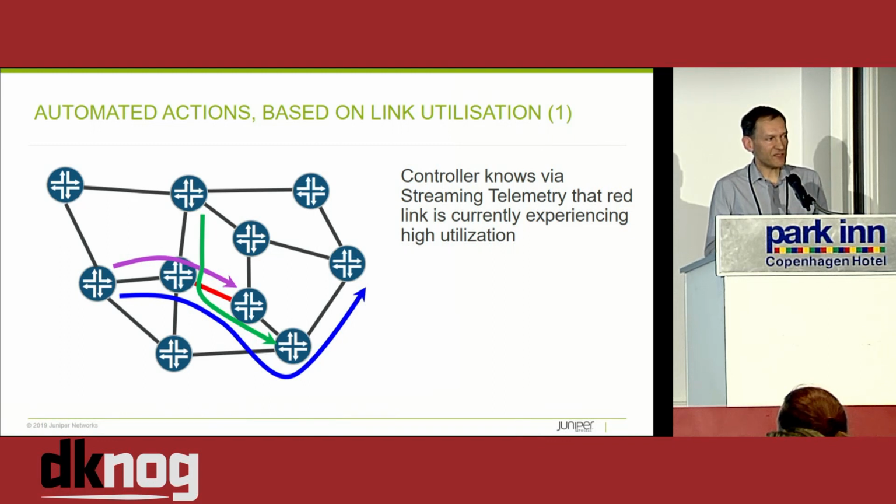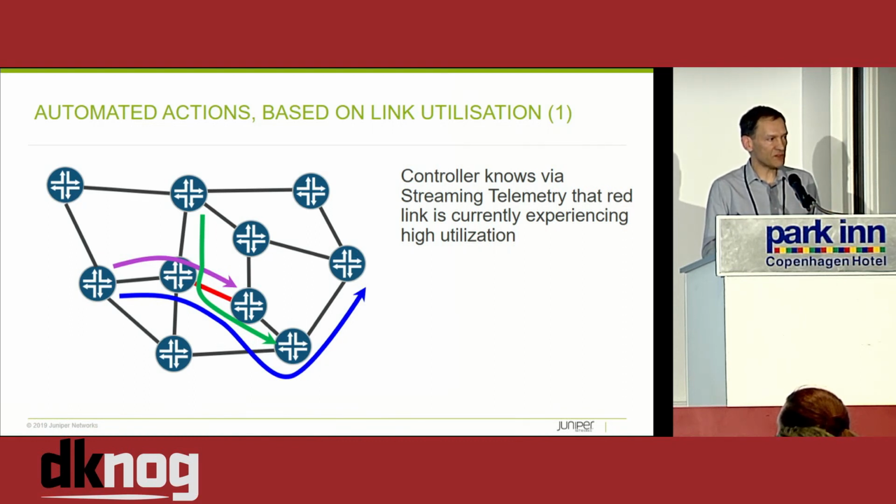And it knows which LSPs are using that link because it's probably set them up. Even if it hasn't, PCEP reports their existence and their paths to the controller. And so the controller can work out which LSPs are best to move away to ease the congestion. And in so doing, of course, it has to make sure that it's not causing congestion elsewhere.